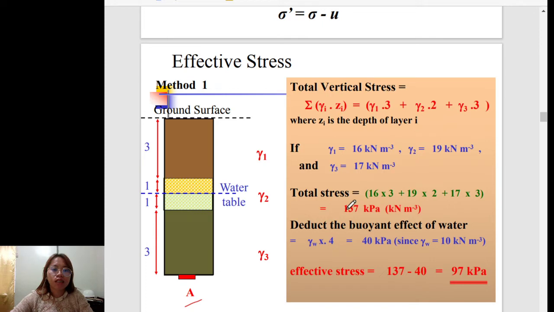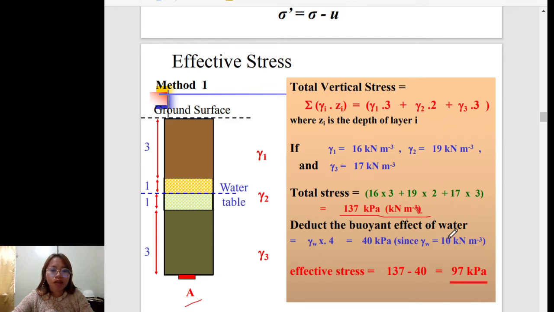So the total stress is equal to 137 kPa. This is stress, so the unit should be kilonewton per square meter, not cubic, raised to the power of negative 2.